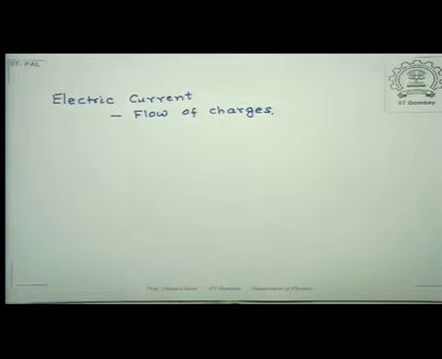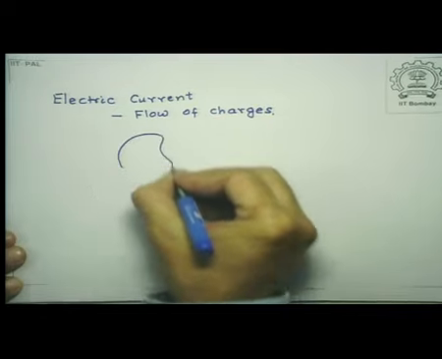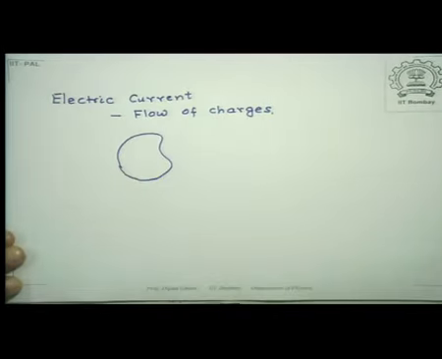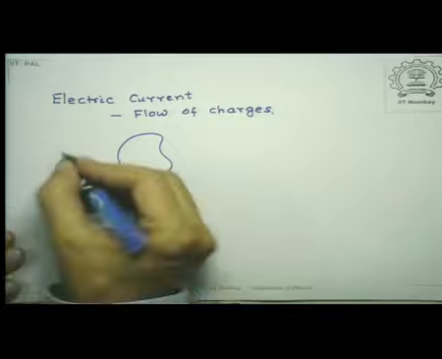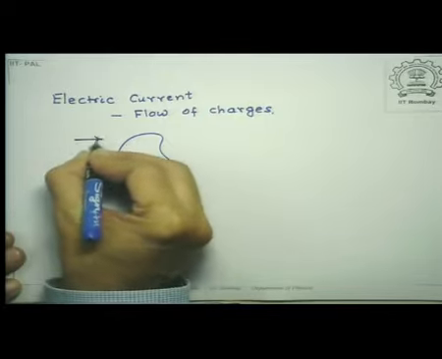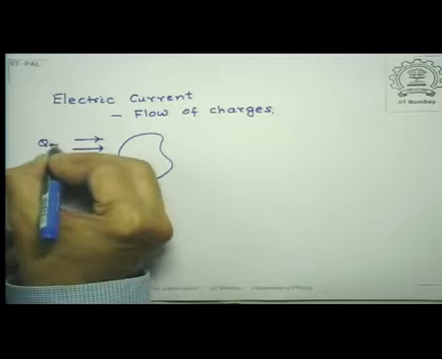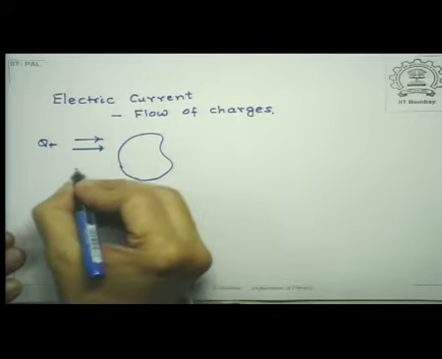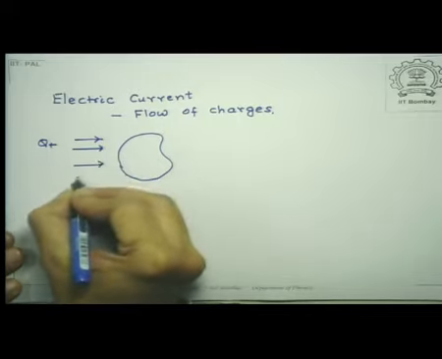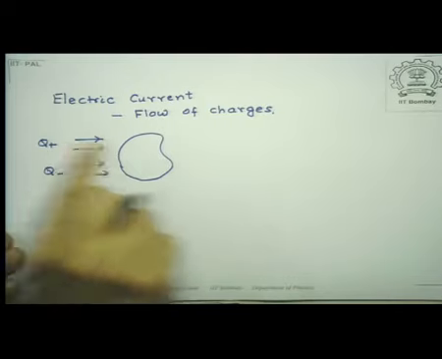This is the formal definition, and let us try to make this a little clearer. Let me say that I have an arbitrary surface, some area, it does not matter, and suppose I have positive charges, which I will call Q plus, and a group of negative charges, Q minus, passing through this surface.